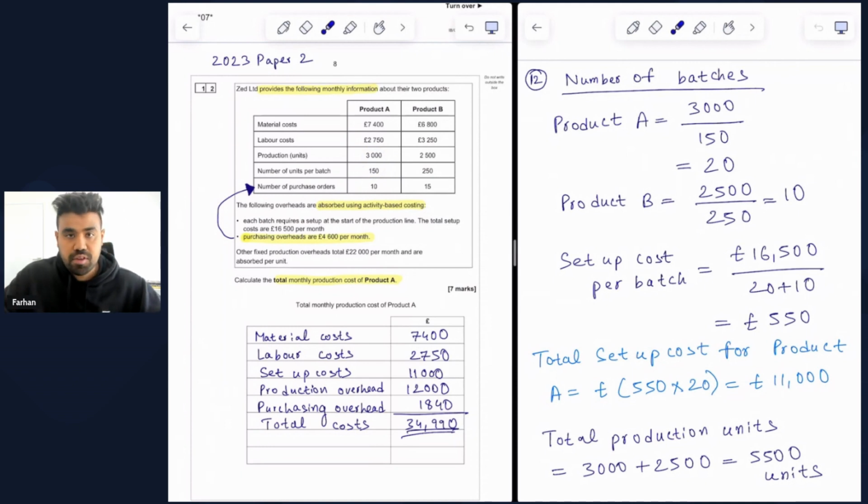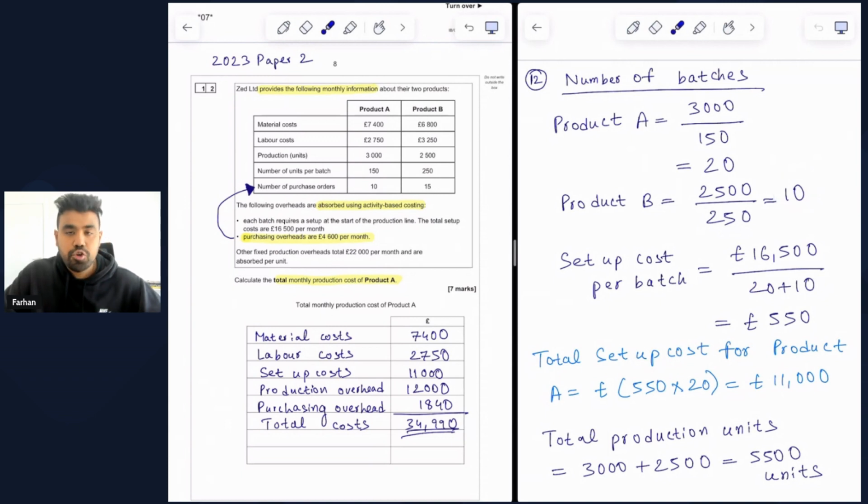On that basis, we can calculate the number of batches, which is to simply take the production volume of 3,000 units and divide it by 150 units per batch, which gives me the total number of batches for product A to be 20. And we do something similar for product B. We take the production volume in units, which is 2,500, and divide by the number of units per batch, which is 250, and we should get 10 batches for product B.